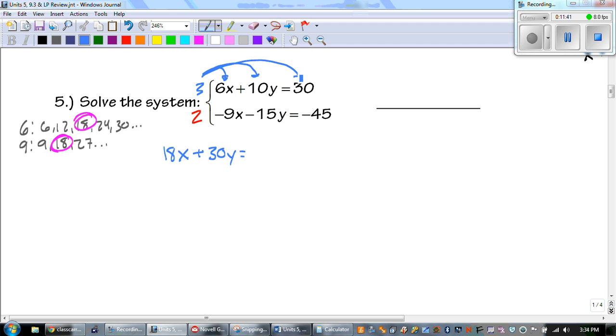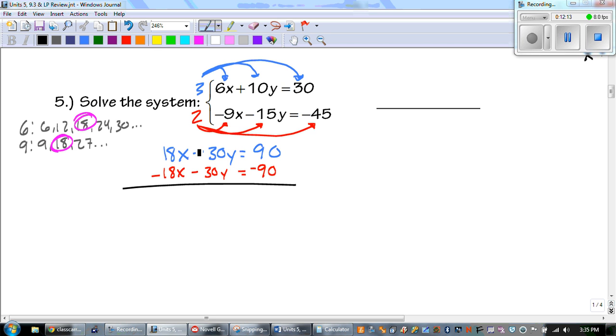And 3 times 30, don't get the calculator, 3 times 3 is 9, and then you add the 0. Okay, 2 times negative 9, we get negative 18x. 2 times negative 15, we get negative 30y. And 2 times negative 45 is negative 90.